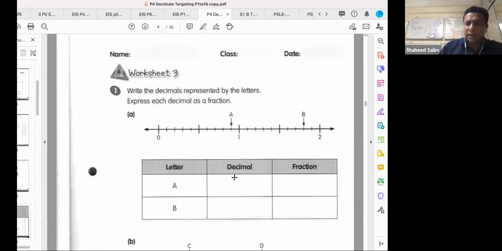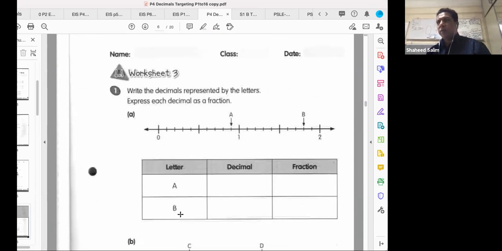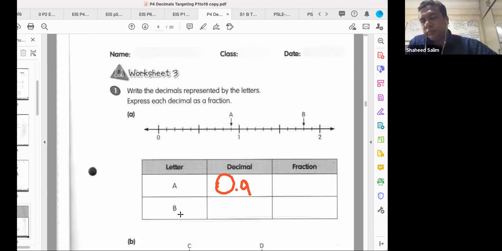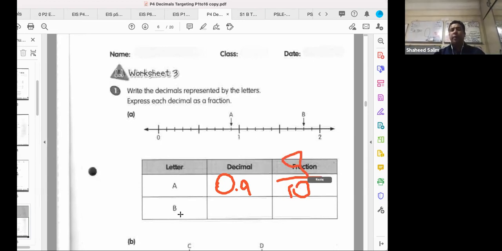That means from A. What's A in fraction and decimal? 0.9. A, good, well done. And in terms of fraction, this is 9/10. On the 10, good. 9, well done.